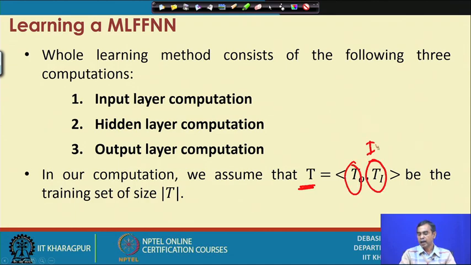For any input I which belongs to T, I has an associated output O I. So, it is basically sets of I and O. These sets are basically supervised training sets. So, T is the training data here. Given the training data, we have to learn the different network parameters, in this case the V and W matrix. To learn them, as a process of learning, we have to compute the different layers in the network. So, now let us see first the input layer computation.